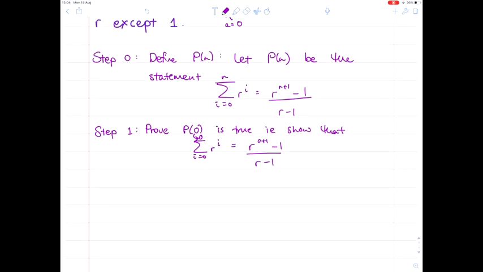So we're going to have a look at the left-hand side of this. Well, the sum from i equals 0 to 0 of r to the i is equal to r to the 0. And this is equal to 1.